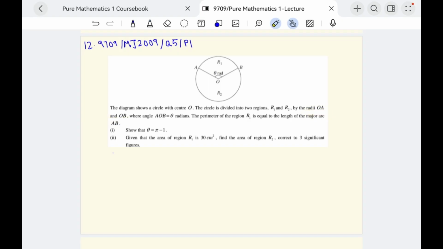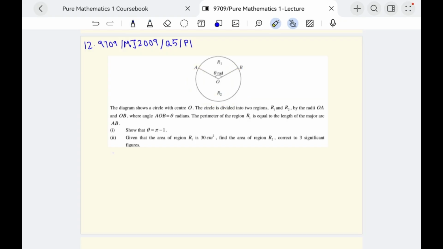Actually, in a circle there is a constant radius, right? So given that the perimeter of region 1 equals the length of the major arc, which means the sum of the two radii and the arc AB equals the major arc of AB, right?